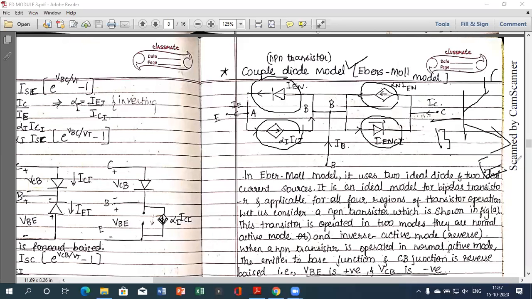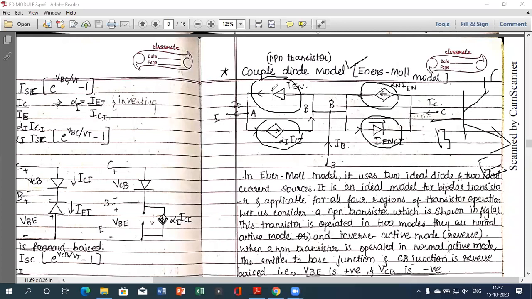So how is this simple transistor replaced by these two diodes and two current sources? First we will discuss which currents flow through these diodes and current sources. Then we'll come back to this topic and start the derivation to prove that it is possible to design a transistor using two ideal diodes and two current sources.